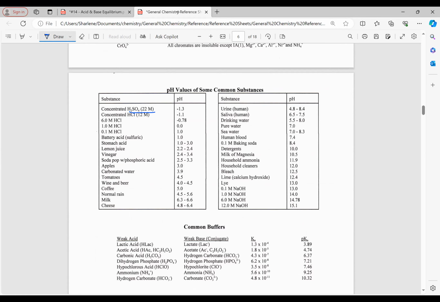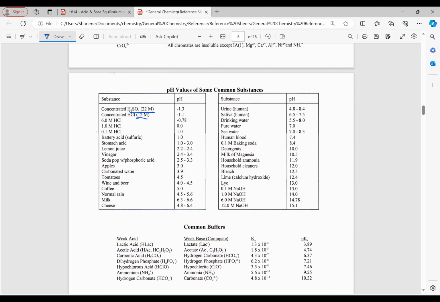And remember, I told you that the pHs can go below 0, so they can be negative. So wow, concentrated sulfuric acid, woohoo, negative 1.3 pH. Concentrated hydrochloric acid, you've also played with that in lab, is a negative 1.1. Hence the reason I keep those in the hood in a sand bath, and we're just very careful with them.